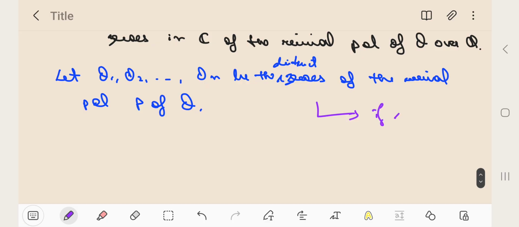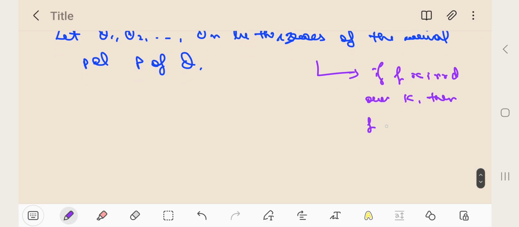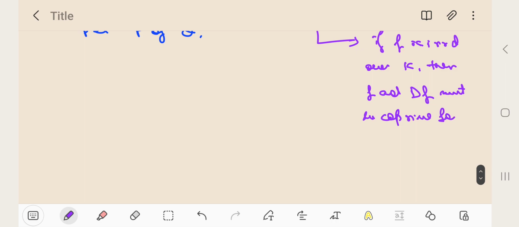This is a general notion: if f is irreducible over k, then f and df, the derivative of f, defined exactly as we define the derivative for any arbitrary polynomial, must be co-prime. So if the derivative of f and f are co-prime, therefore f cannot have repeated roots, right?